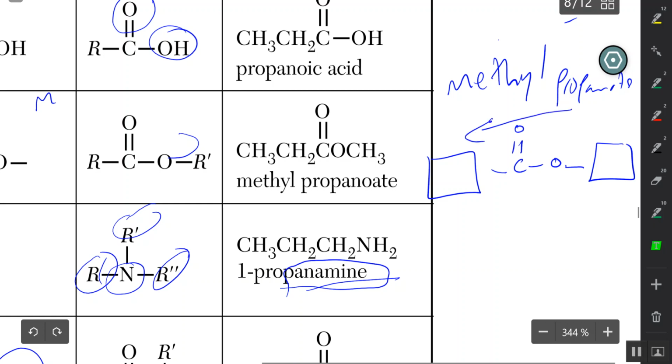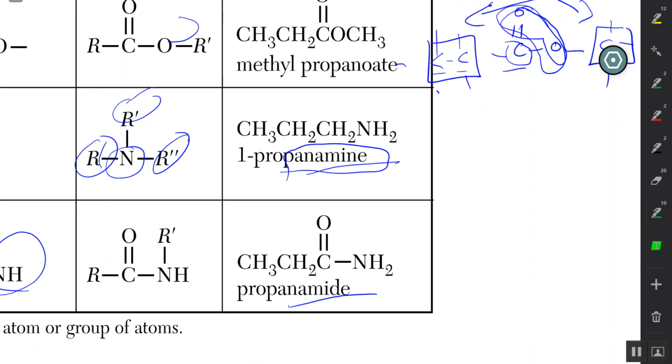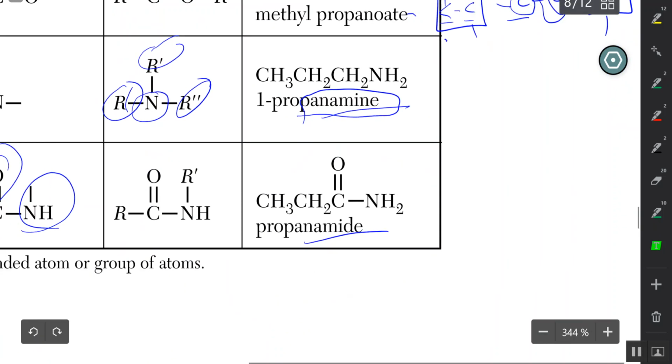I already have 1 carbon here attached to the -anoate. And now I'm going to have just 2 more carbons here to give me the prop. 1, 2, 3, -anoate. And now the methyl is just going to be right here. 1 carbon with 3 H's. Make sure you add the H's. Propanamine, same way. Propanamide, same way.